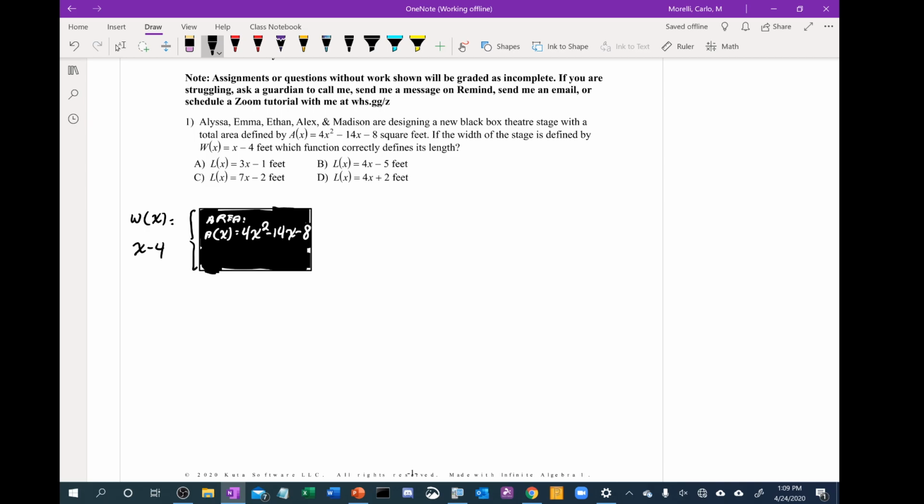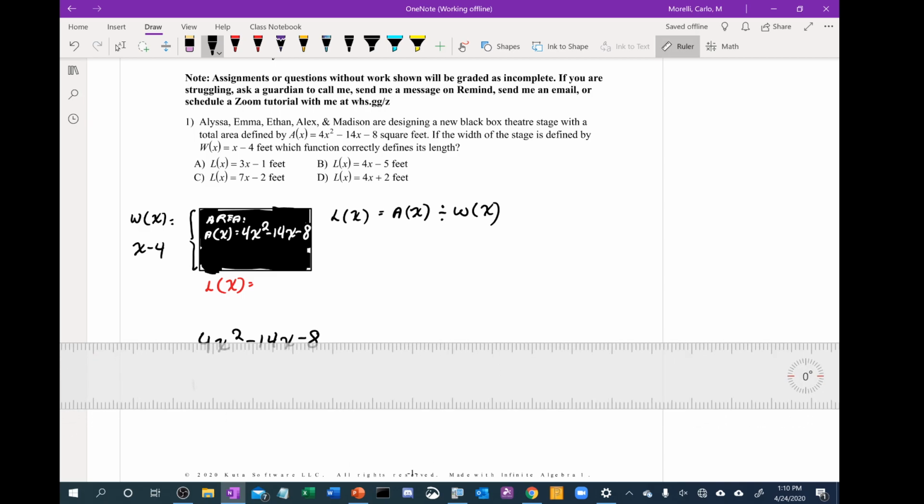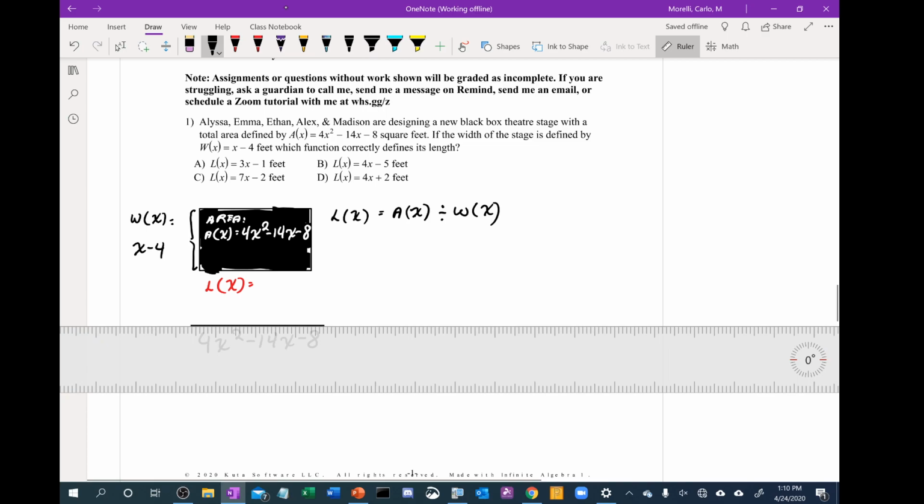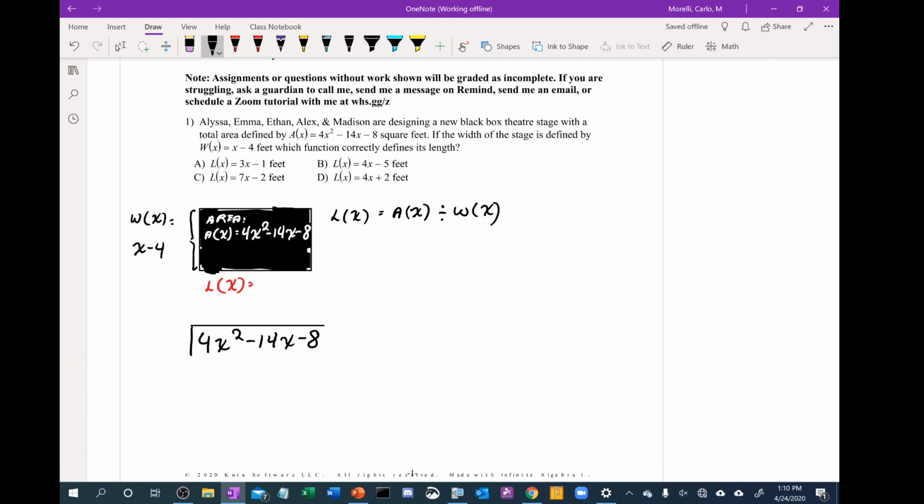So in order to find the missing side, which is the length side, L of x, we need to use this area formula that says L of x for length is equal to A of x for area divided by W of x for width. Substituting in values to our long division notation, we got 4x squared minus 14x minus 8 divided by x minus 4 for width.